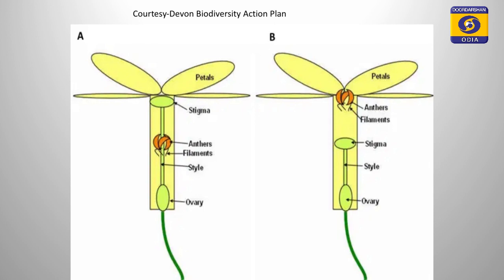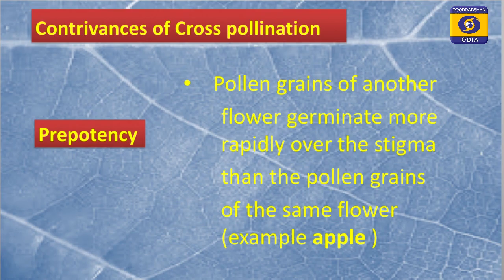In one flower you can see the position of the anther that is present below, and in the thrum-eyed you can see the position of anther that is present at the throat of the corolla tube. So, naturally in these type of flowers where heteromorphism is seen, the chance of cross pollination is more than self pollination.